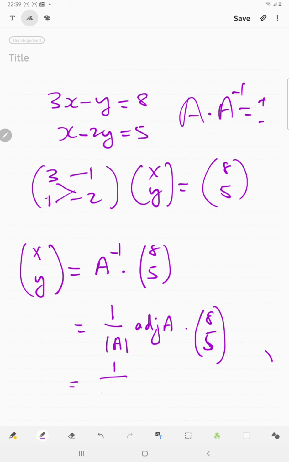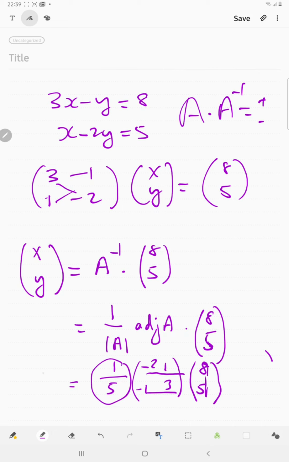Negative 6, we got 5, and then you can multiply the inverse of that, negative 2, 1, negative 1, positive 3, and then you can multiply by 8 and 5. So first of all, you multiply this by that, this by that, so that in the end you can multiply the result by the scalar, and then you can get the value of x and y.